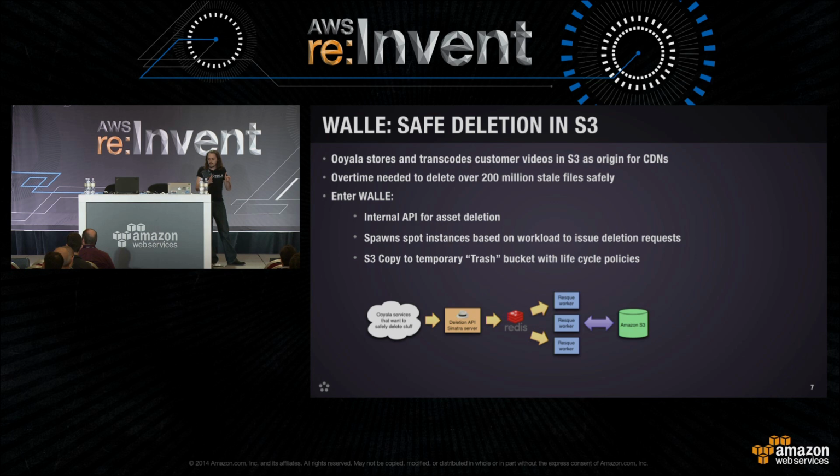It moves those assets using a bunch of spot instances, copying that data over into a trash bucket where we set a 30 or 60-day lifecycle policy. If nobody complains that the data is now missing, it's gone. We've now done some spring cleaning, saved a ton of money, and helped keep costs down for ourselves and for our customers. There's a little diagram there about how that workflow works, and there's a great post on our engineering blog. I'll share a link later with the details of that workflow.